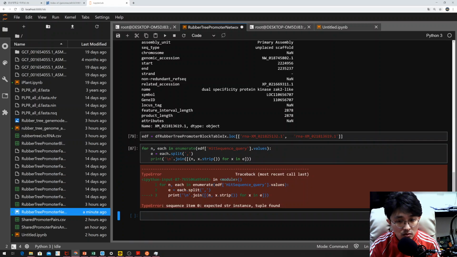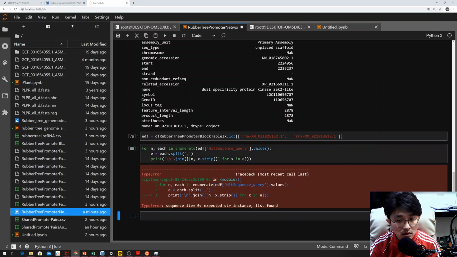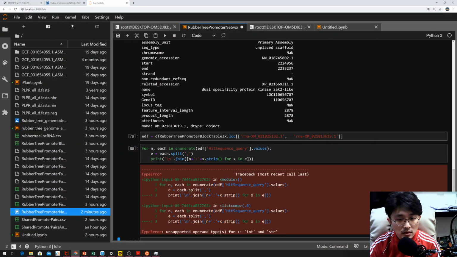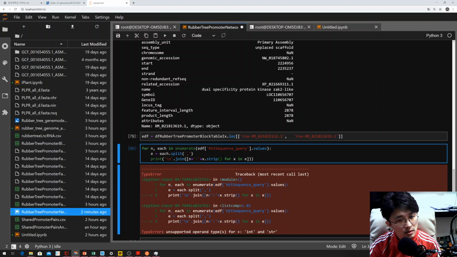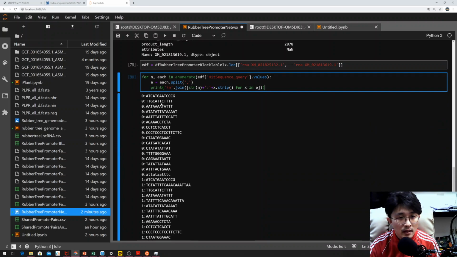No. String instance. Okay. Then plus x, string data. Okay. So we can observe each sequence very easily.